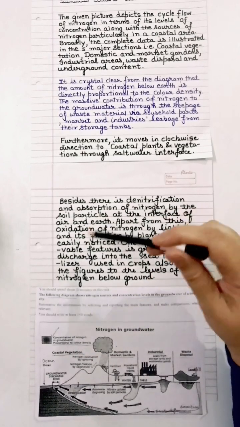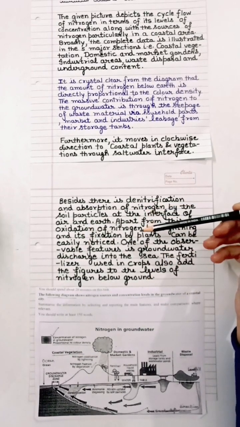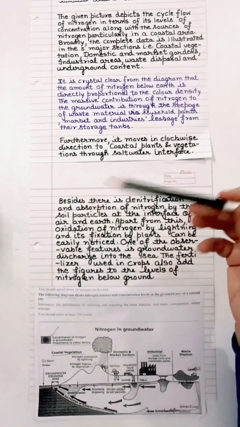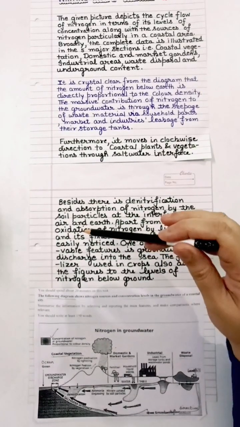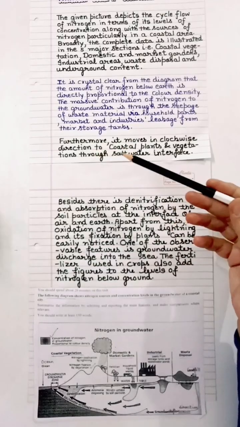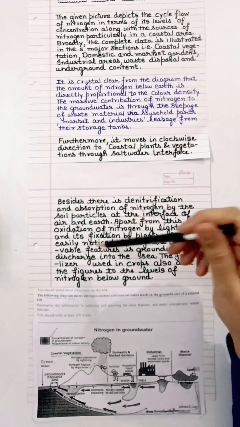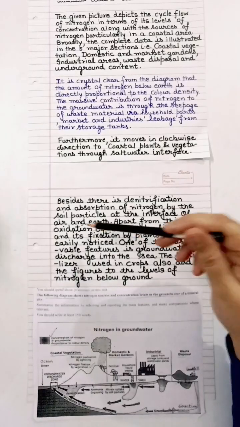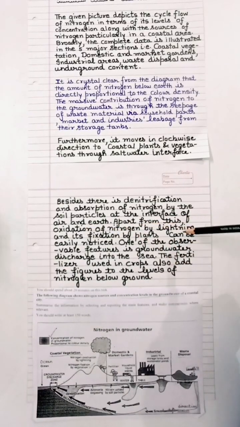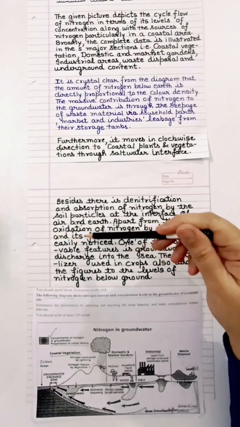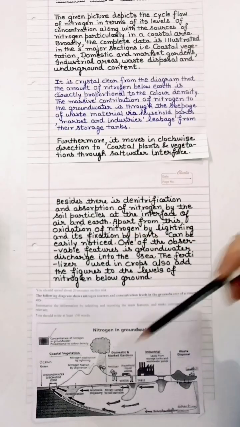No, no. Oxidation of nitrogen, just like we did sources of nitrogen, nitrogen sources, right? Levels of concentration, concentration levels. So alteration was there and the same is done over here, right? Oxidation of nitrogen by lightning and its fixation by plants.